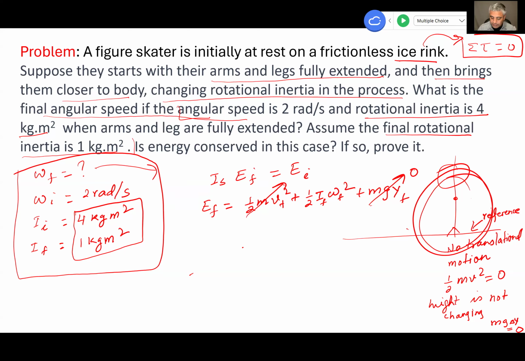So that's why this velocity is also 0. So E_F is just half I_F omega_F square. So you can plug in numbers and get the number here. And similarly E_I. I'm not writing all these, rather I'll just write: rotational kinetic energy is relevant. So you can plug in numbers and get the answers, since we already had omega_F as 8, right?